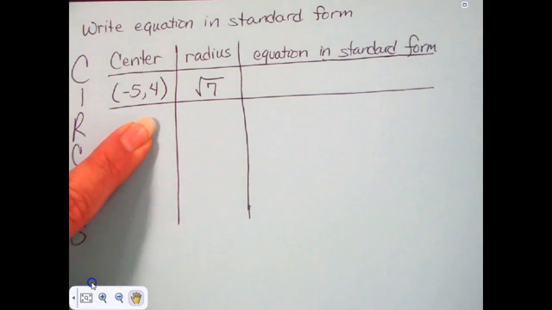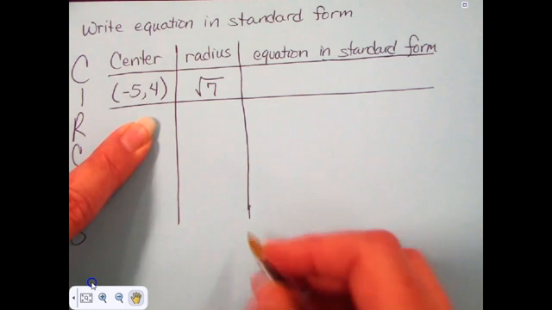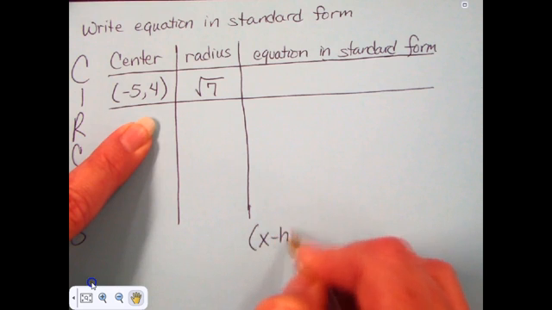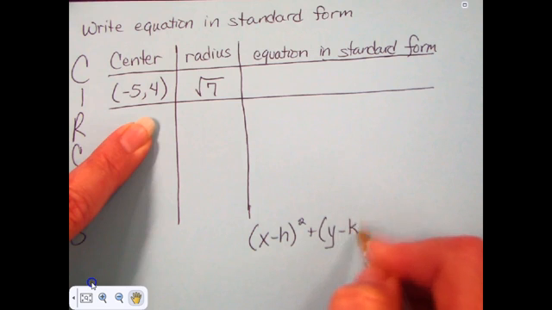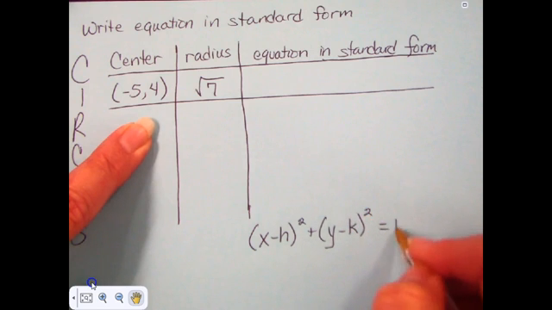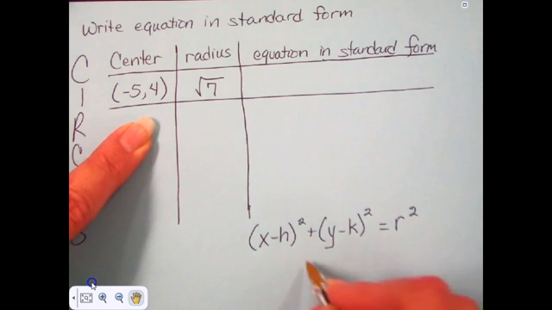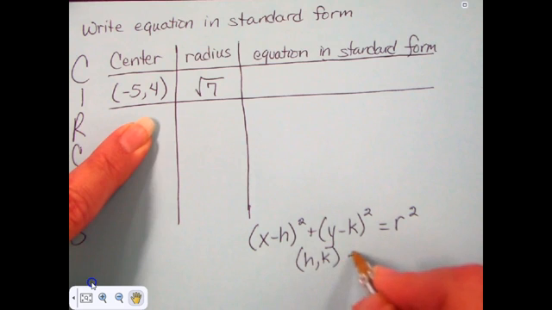Now, an equation in standard form is in the format of (x minus h) squared plus (y minus k) squared equals r squared. Now, h and k are the x and y coordinates, respectively, of the center.